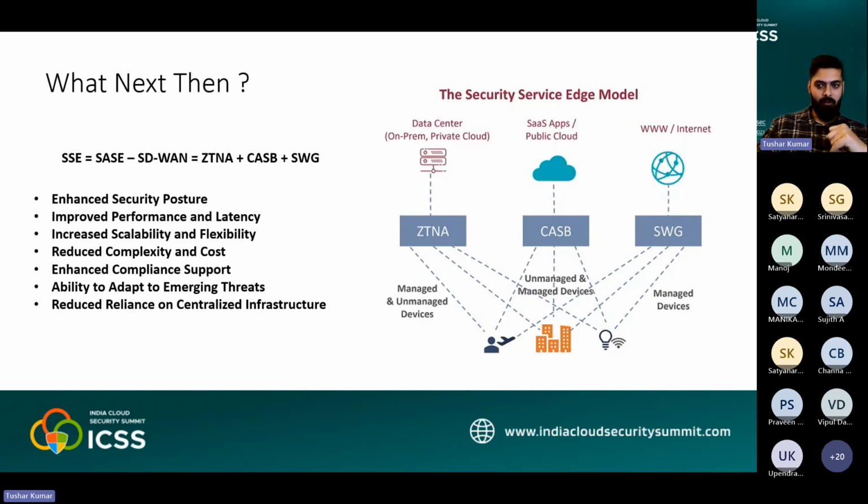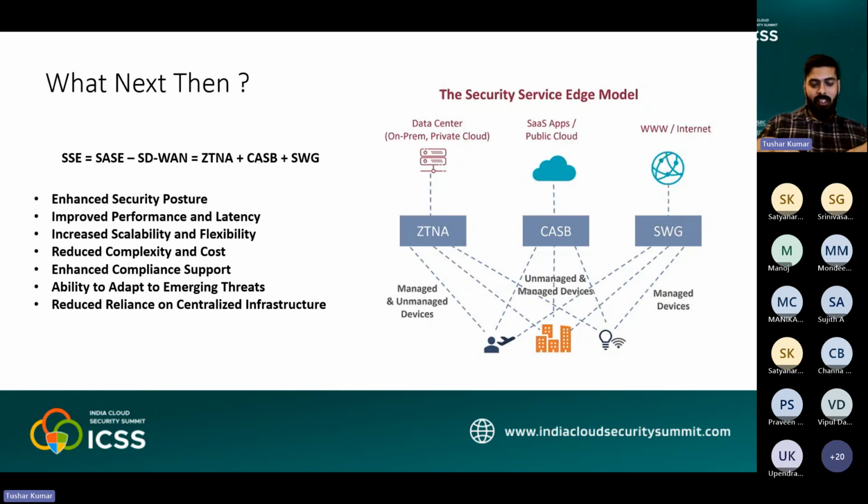When you take that out, because not in all cases do you need an SD-WAN deployment specifically for giving access to people, then it is left with the zero trust network architecture, CASB, and secure web gateway.